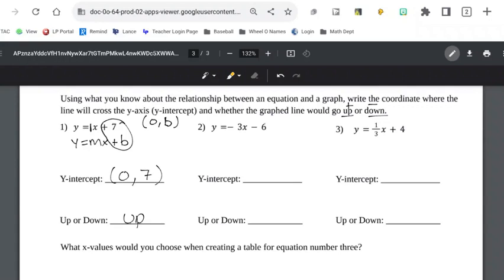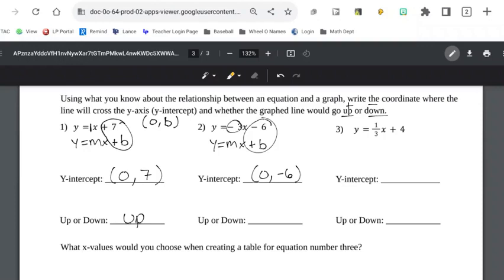Next one, our y-intercept. Y equals mx plus b. This time, our y-intercept is negative 6. Always 0 for x, and then negative 6 for y. Then our slope this time is a negative 3.